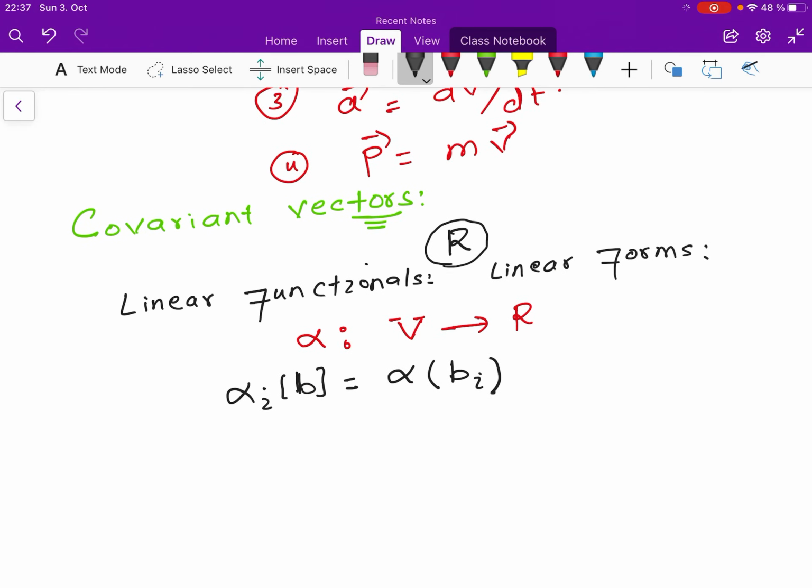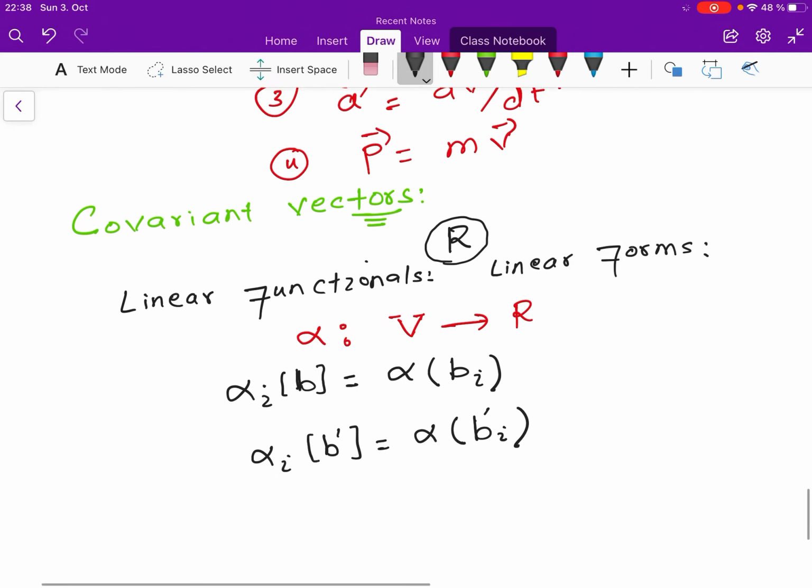Now in the new coordinate system, definitely alpha_i^B' will become equal to the action of alpha in the new coordinate system on b_i'. So this will be the situation.